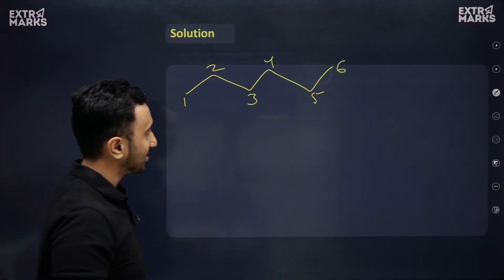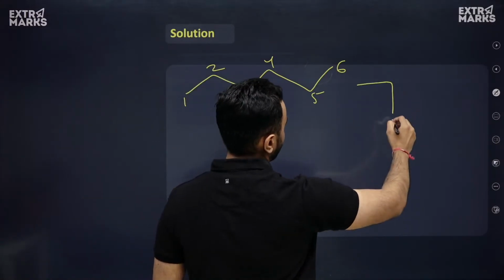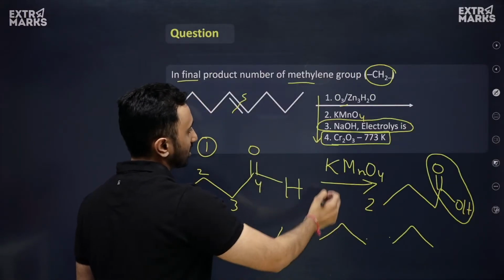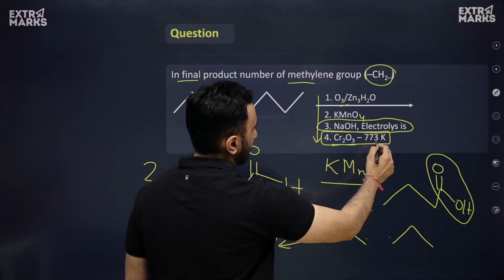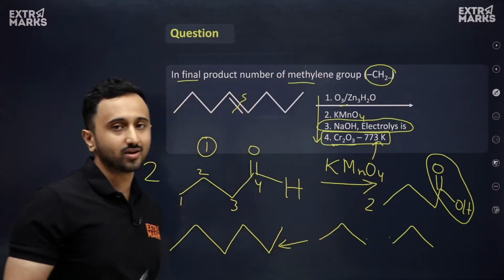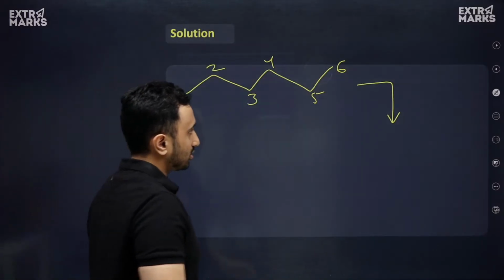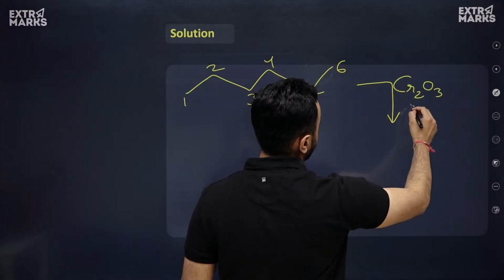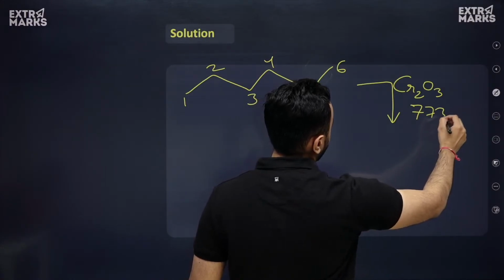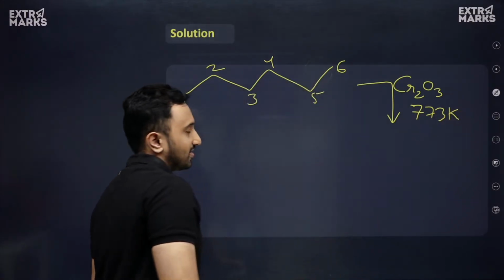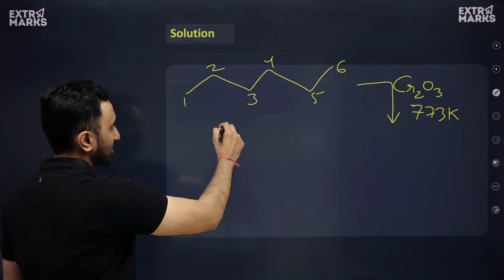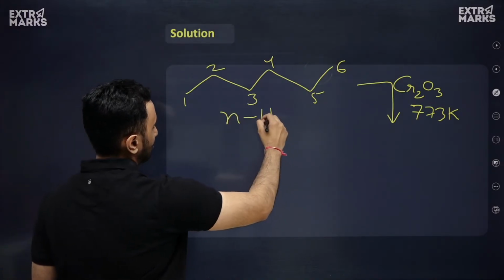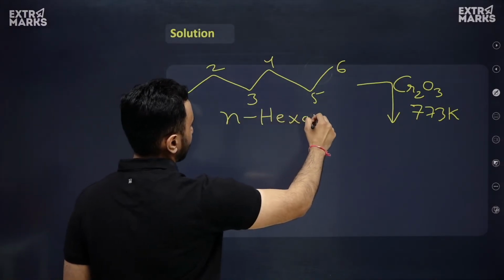Now here we have the last step. We are using Cr2O3 at a fairly high temperature, 773 Kelvin. Let's see. When we use Cr2O3 at this temperature, 773 Kelvin, with this particular compound, which is your n-hexane, what will you get?